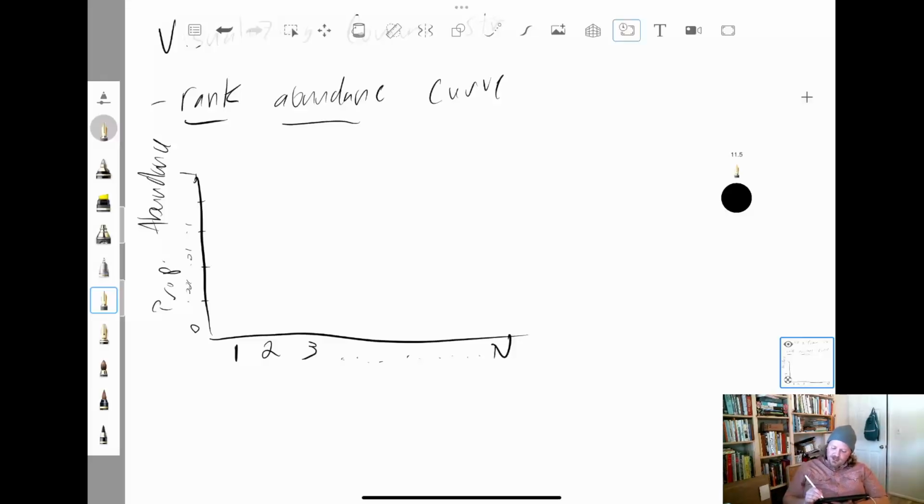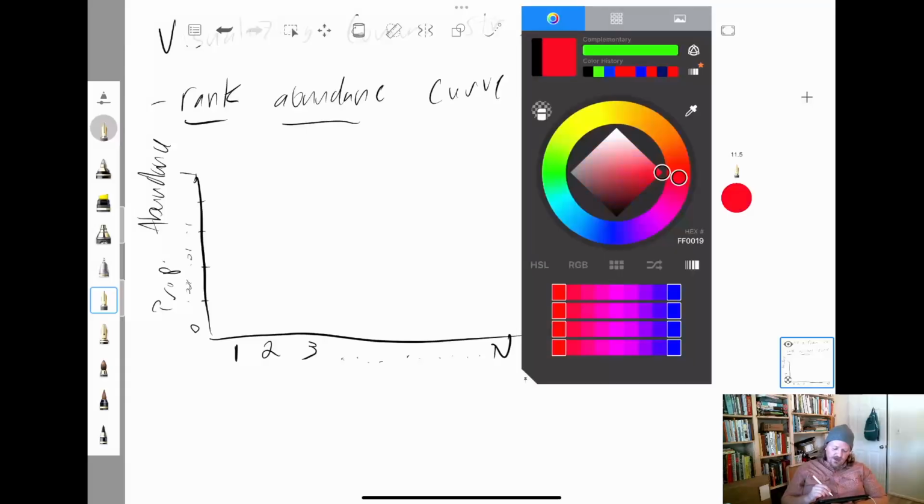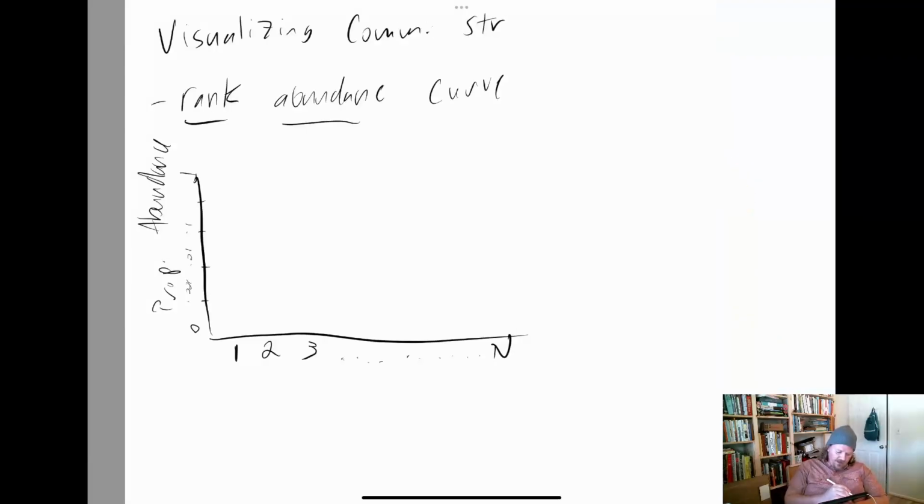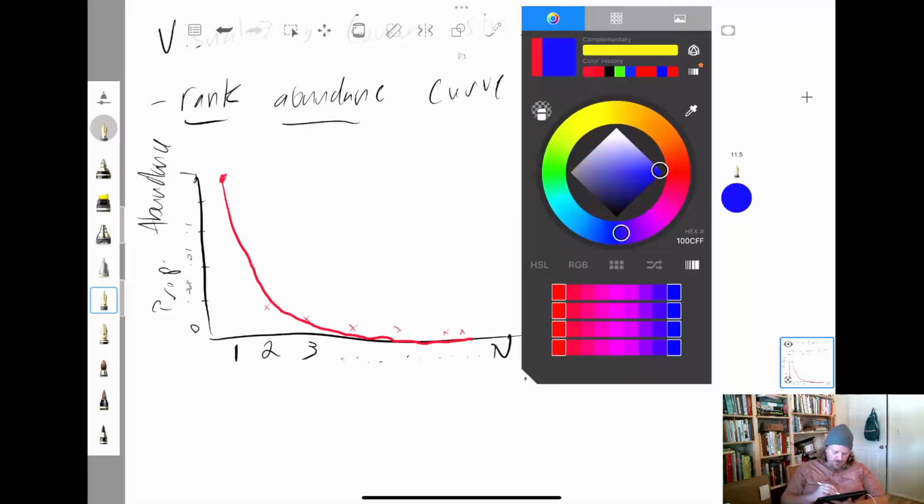So let's imagine a couple different kinds of rank abundance curves. Let's imagine one that looks like this. Let's get our red color back. Right? So we have some curve that looks like this. And then we have some curve that looks like this.